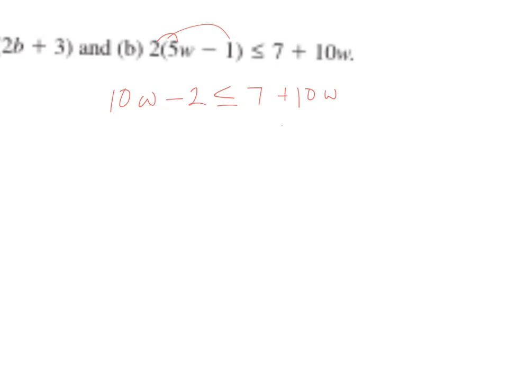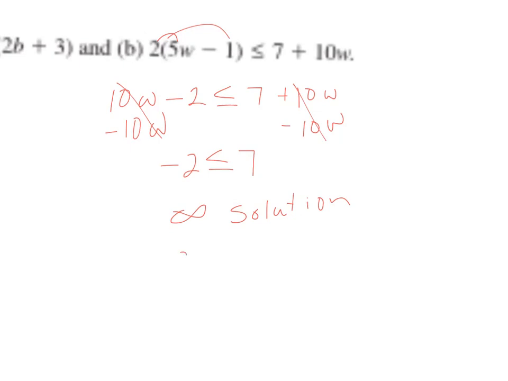Now let's say we're going to minus 10W from both sides. So our variables go away on this one. Negative 2 is less than or equal to 7, which is true. So our answer is that this has infinite solutions. Sometimes in your book it'll say all real numbers.